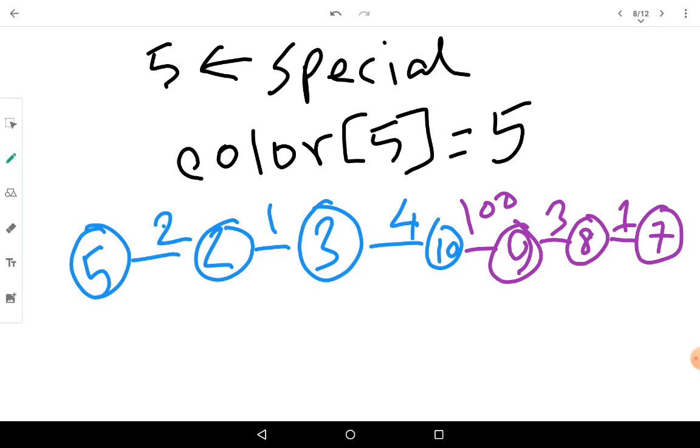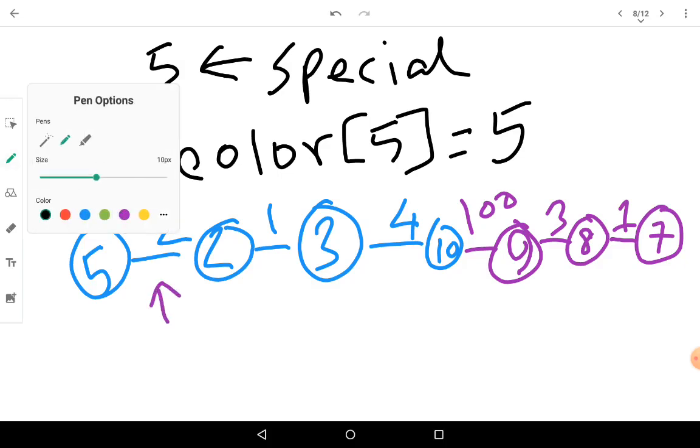Let's just say that in our particular example, 5 and 7 are the best pair. So 5 is coloring with blue and 7 is coloring with purple. Now if we iterate over the edges, we look at this edge. This edge has 2 endpoints, and these 2 endpoints are blue.